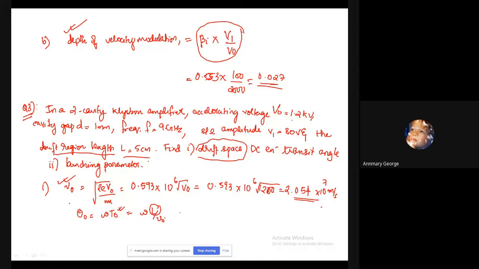Omega is 2 pi f, so theta 0 equals 2 pi f L by V0.